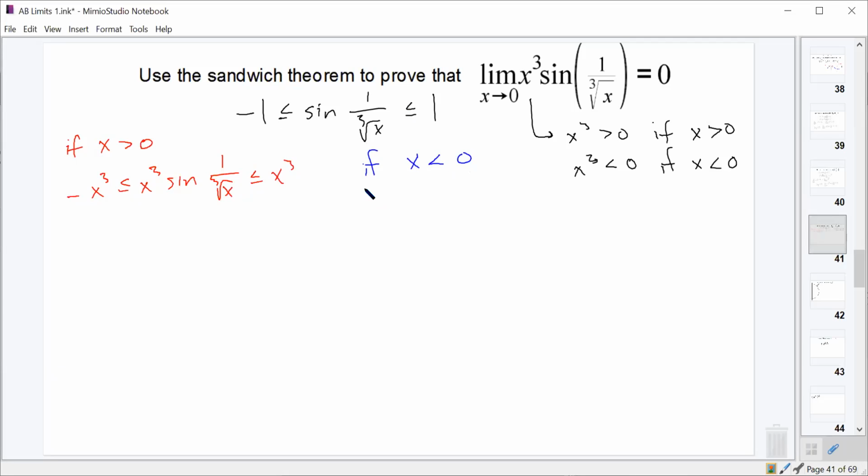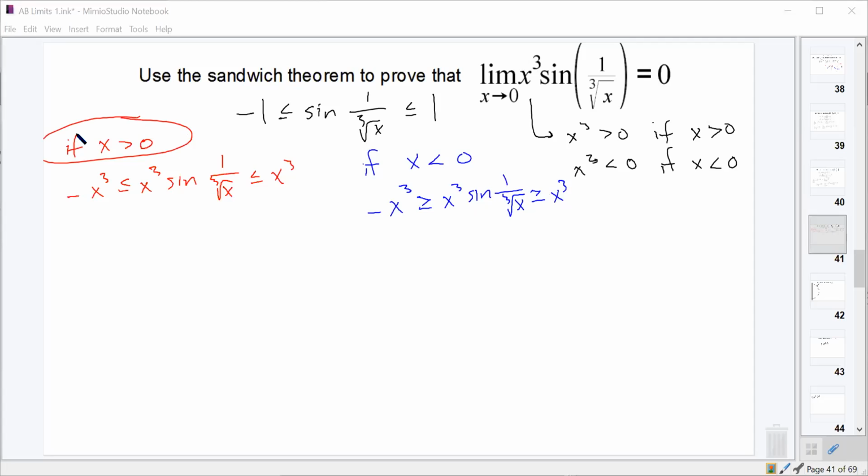When I multiply by x cubed, which is negative, what happens to each of my inequality signs? They all flip. So we're going to say greater than or equal to x cubed sine 1 over the cube root of x, greater than or equal to x cubed, which doesn't seem like a huge deal. But it does mean that we have restrictions on our domains for our new inequalities.